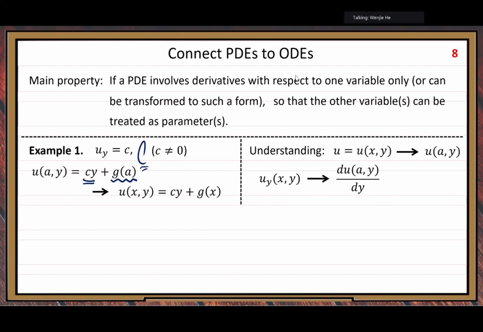That's why we do not require the g function to be differentiable. Even if the g function is not continuous, it's okay. It is a valid function. We can accept it. So that's why we say g is an arbitrary function. This is the most general solution. That's our first example.